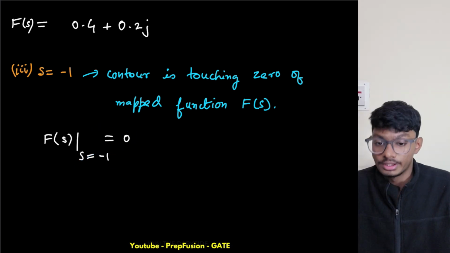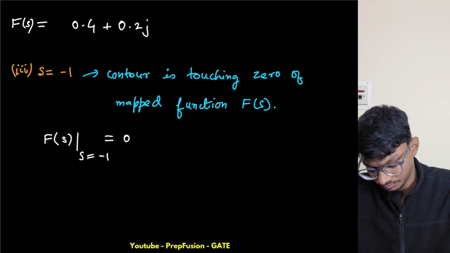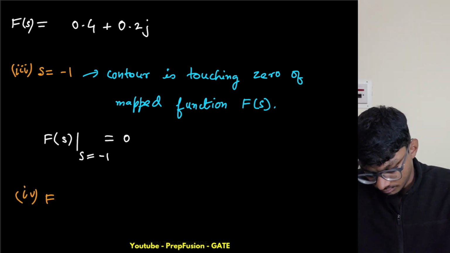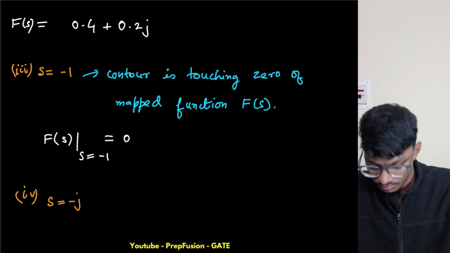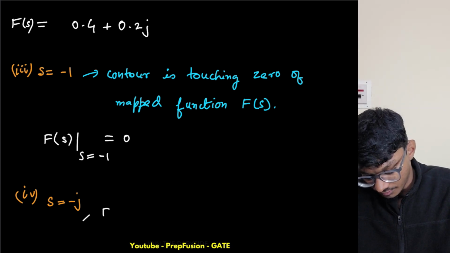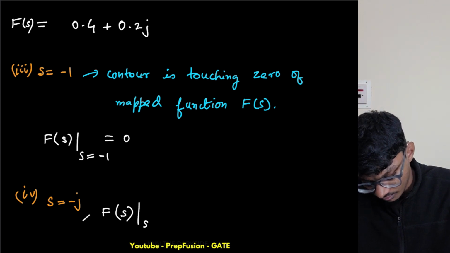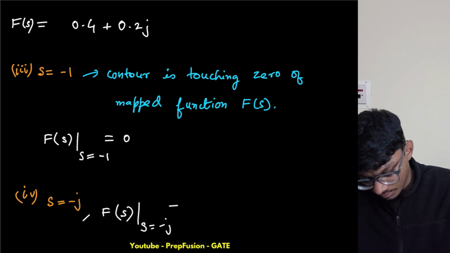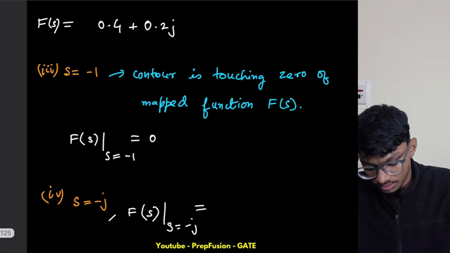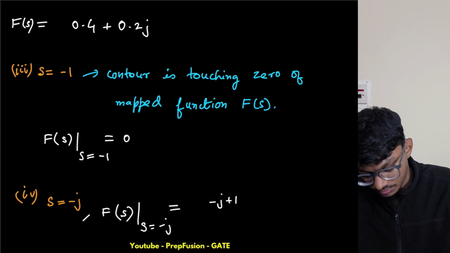Okay, so again, what is the fourth point? It is 0 comma minus j. So again, at s equals to minus j, what does it become? So my f of s at s equals to minus j simply becomes, it is s plus 1, right? So it is minus j plus 1, and it is minus j plus 3.